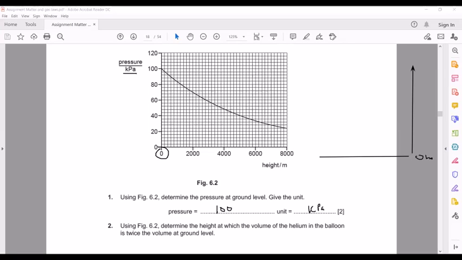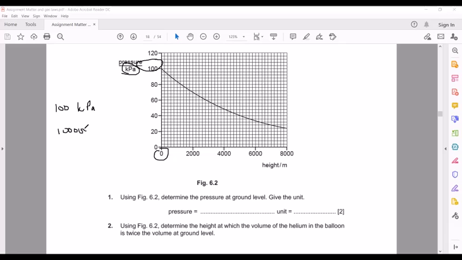So it can be 100,000 Pascal. You can see here, at the ground, the height is 0. So what is the pressure? It's 100 and the unit is kPa. What is the meaning of kPa? K means kilo. Kilo means 1,000. So actually it is 100,000 Pascal.